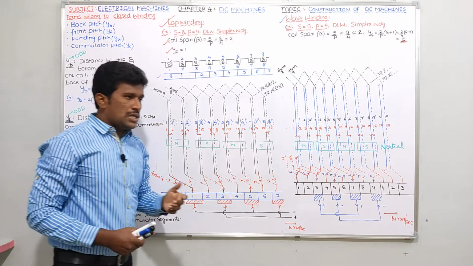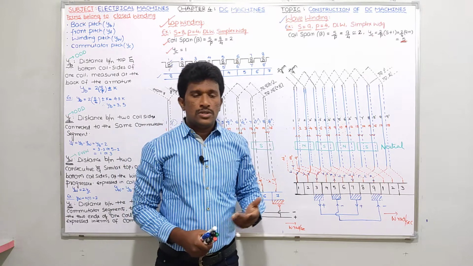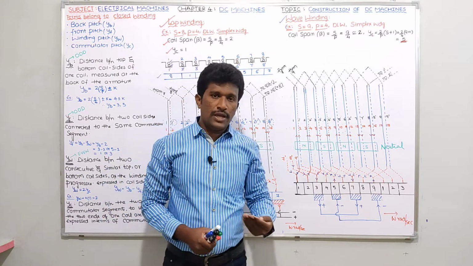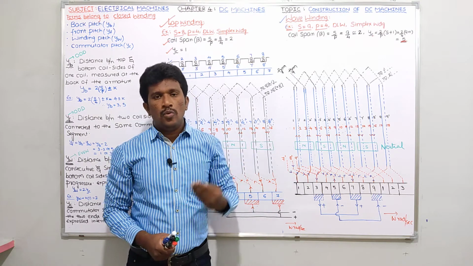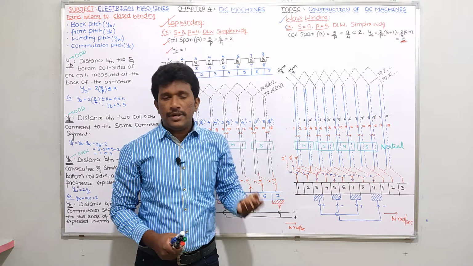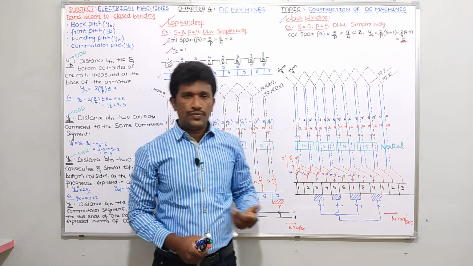In the last two videos, what was the confusion we got? I told you that current is proportional to the number of parallel paths, and voltage is inversely proportional to the number of parallel paths, whereas power is independent of parallel paths. This was the conclusion in the last video also.